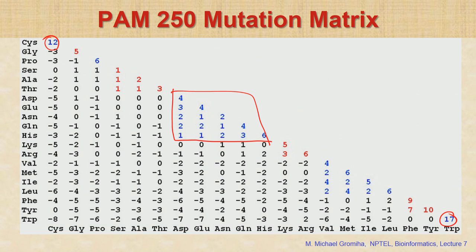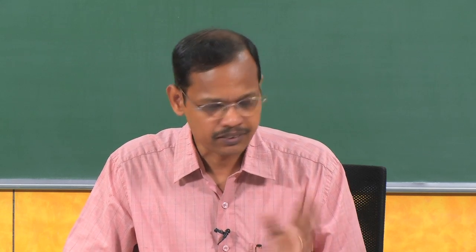Likewise, in some cases you have very adverse negative effects, for example in this region: if you substitute serine by leucine or alanine by phenylalanine. So, some mutations are acceptable by nature, some mutations are not acceptable by nature. So, based on the real frequency of substitutions, we derive the PAM matrix.